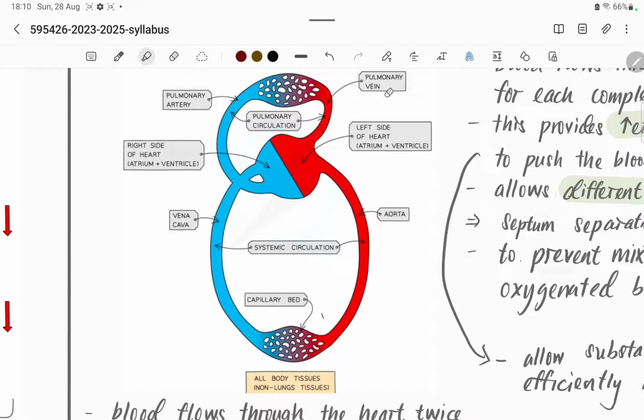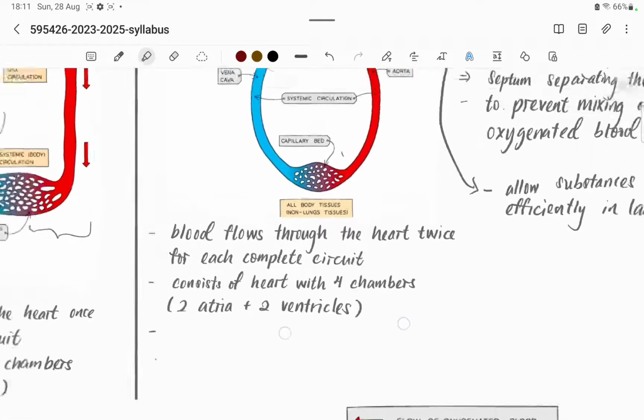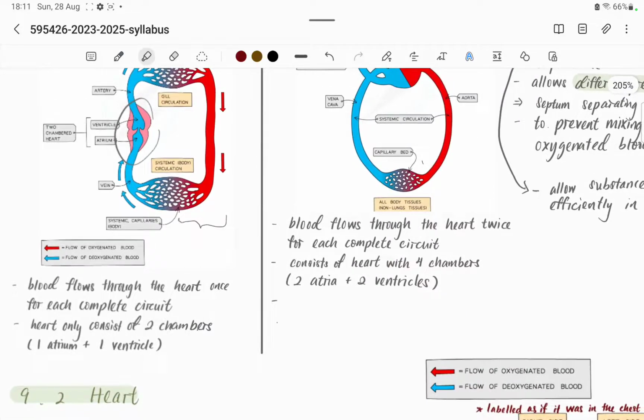And then on the left side of the heart, blood goes from the atrium to the ventricle, and then the ventricle pumps the blood out to the aorta and then throughout the body. So in the exam, blood flows through the heart twice for each complete circuit, and they have four chambers, two atria, two ventricles.